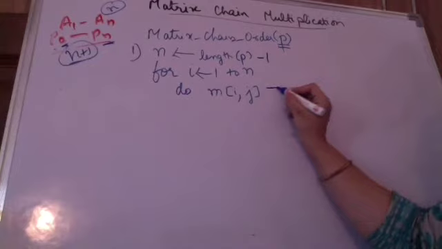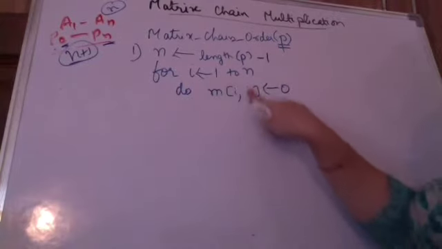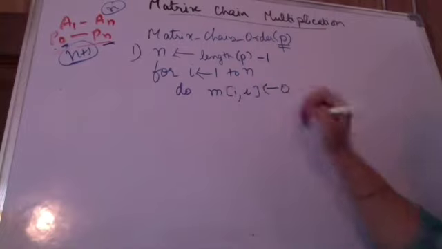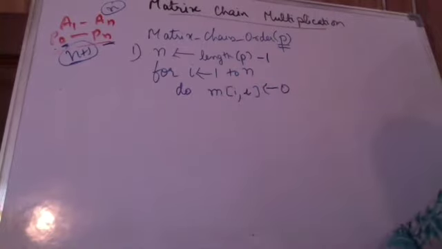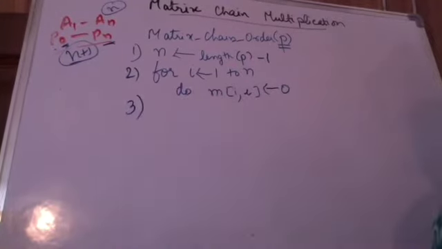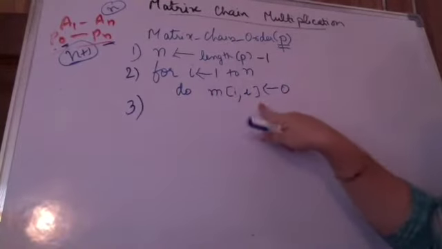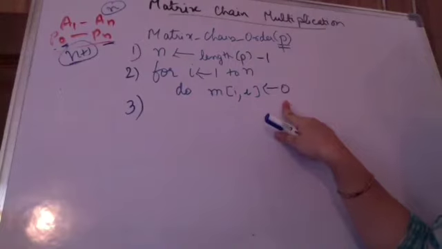So M[i][i] turns out to be 0. For I equal to 1 to n, M[i][i] is taken to be 0. Clear? Yes, no? In case you have doubts anywhere, just let me know. So you have M[i][i] is 0 in this case, right?